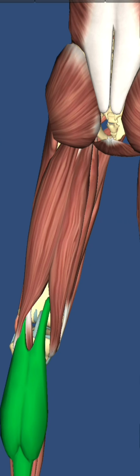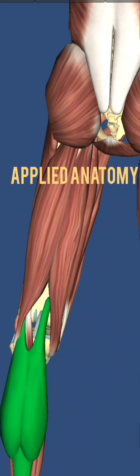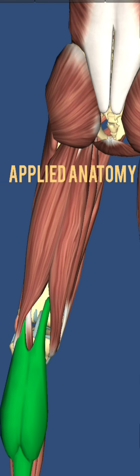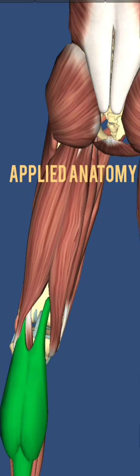In all that we talked about, what is the applied anatomy? For example, the applied anatomy of the popliteal fossa. There's something called the Baker's cyst. The Baker's cyst is an inflammation and swelling of the semimembranosus bursa of the knee joint. There's a bursa at the semimembranosus, called the semimembranosus bursa.